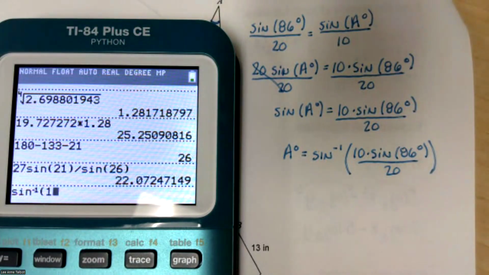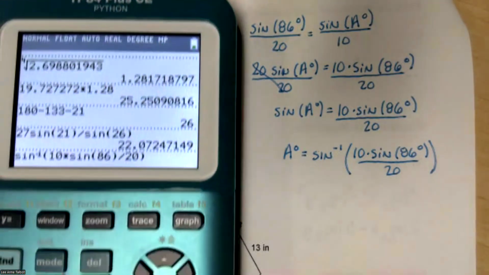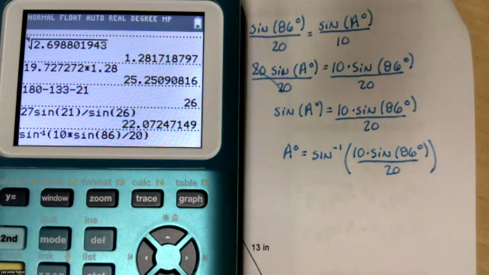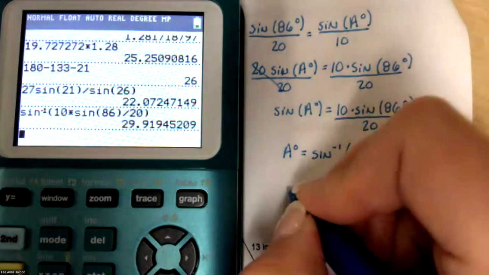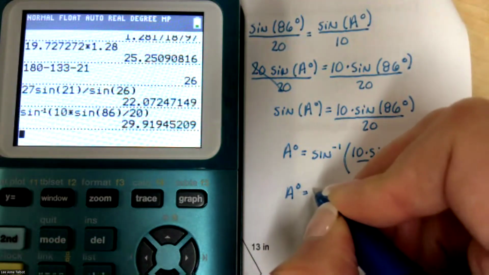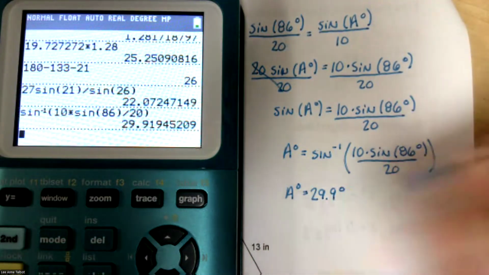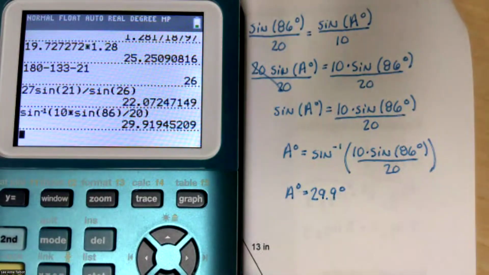Sine inverse of 10 times sine 86 divided by 20. Kind of unsatisfying, 29.9 degrees. I was kind of hoping that that would round to 30, but it does not.